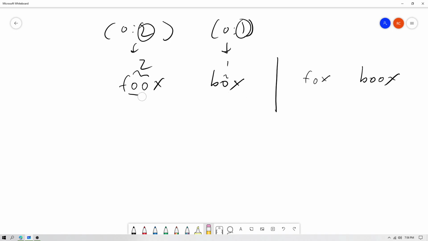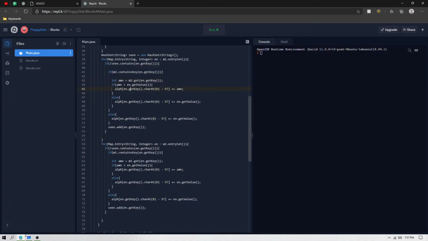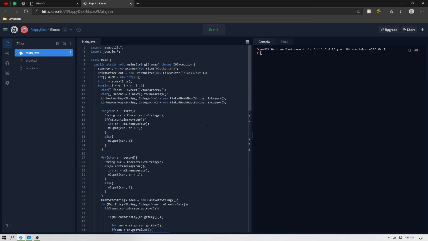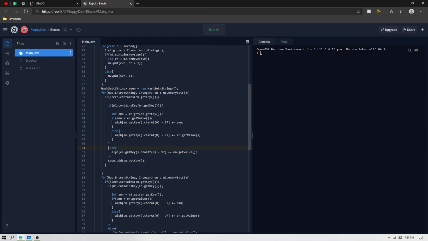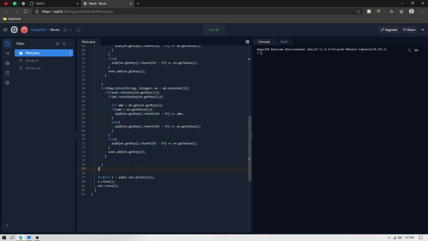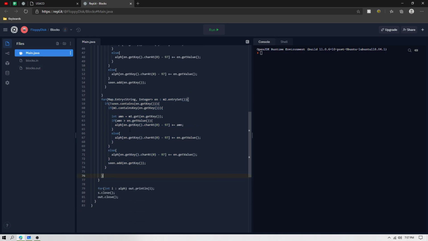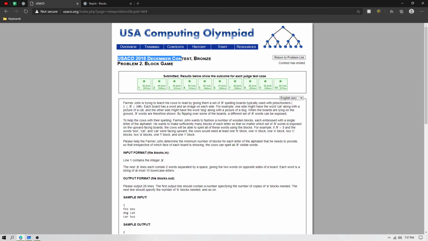If it is greater, then we get the corresponding element in this array and increase the amount that we need. And if it's not contained, we just add that we've seen it. Then we do the same thing for the second word. And that is the solution. 10 out of 10 test cases.